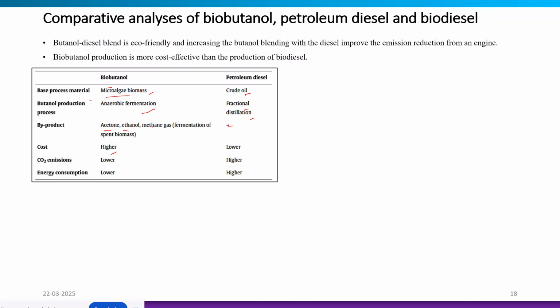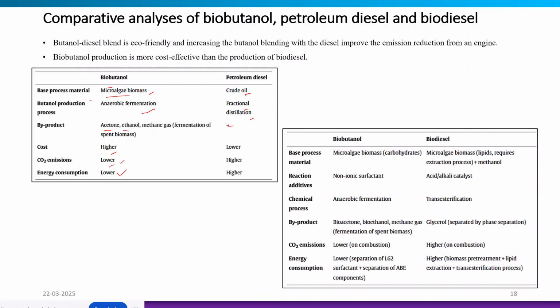By the overall process cost analysis we can say that this is costlier, and CO2 emission is obviously lower, and effective energy consumption is lower when compared with biodiesel. In most cases this process only needs microalgae biomass as a carbohydrate source.